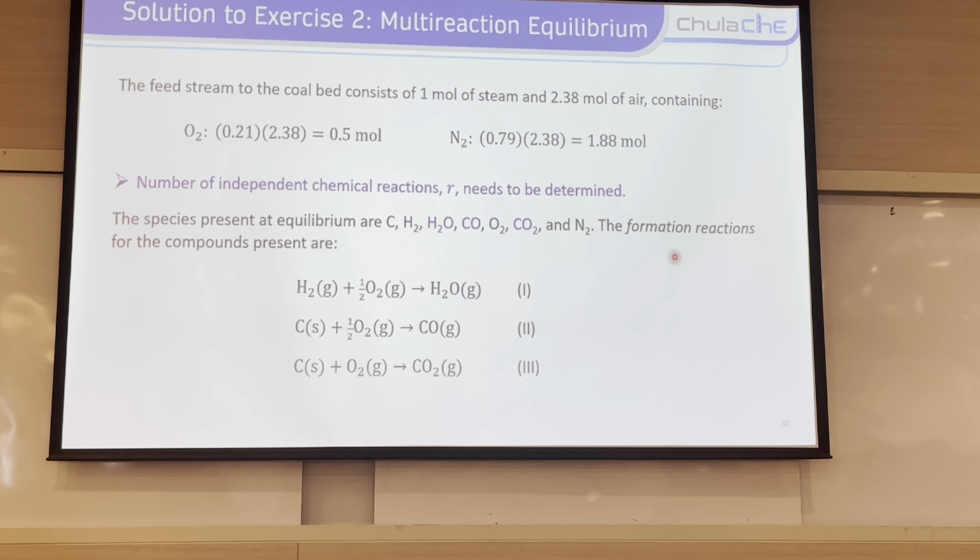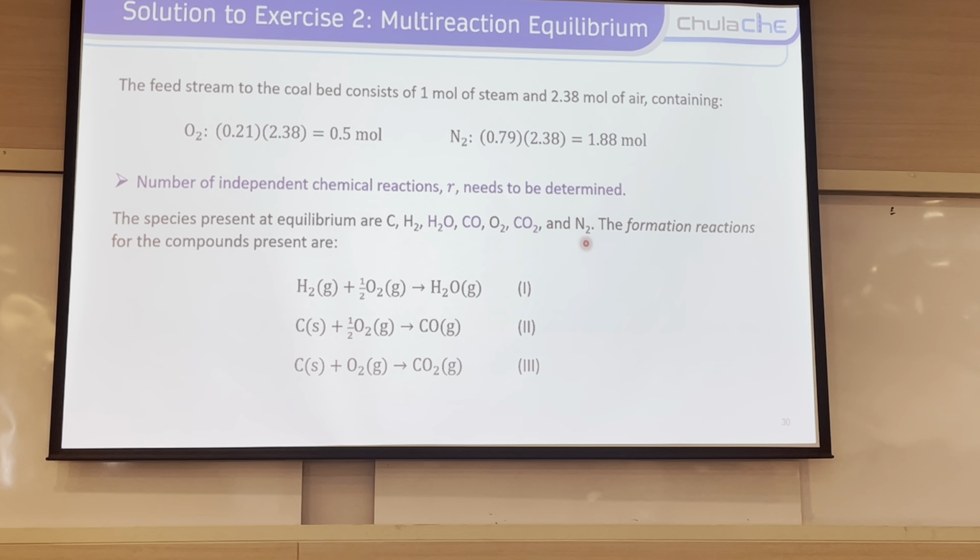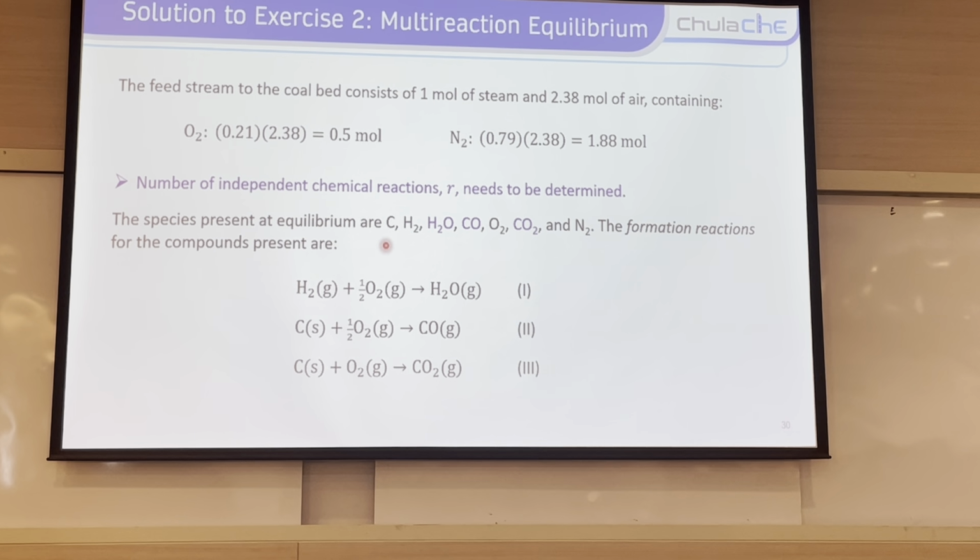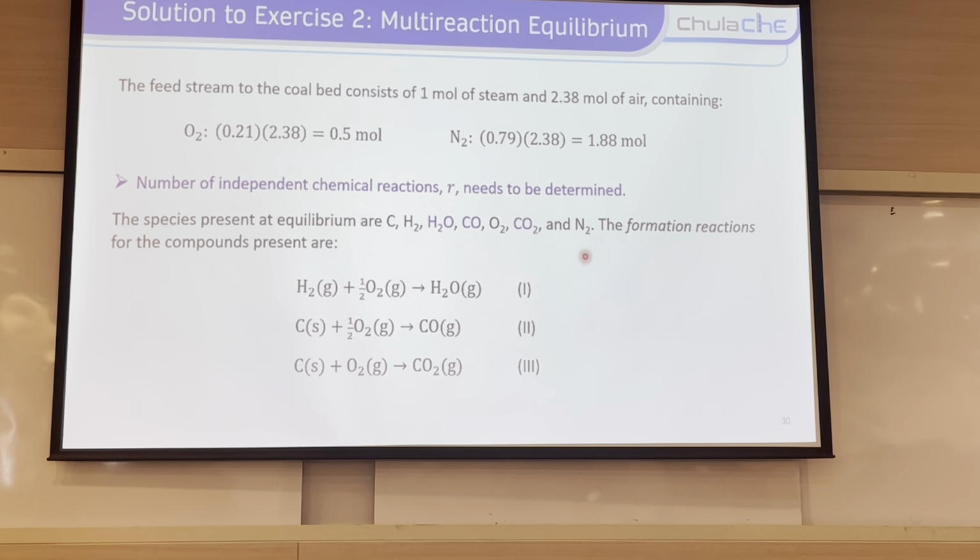In this case, the compounds that exist in the system are water, carbon monoxide, and carbon dioxide. Carbon, hydrogen, and nitrogen are considered as elements in this case, because the formation reaction for carbon, hydrogen, or nitrogen gas is zero.